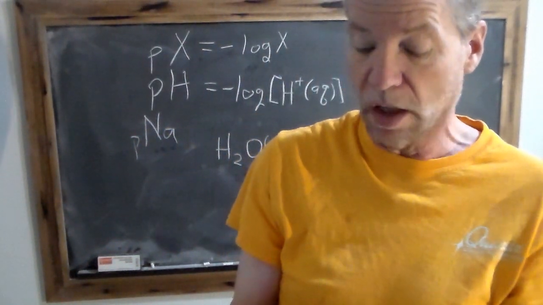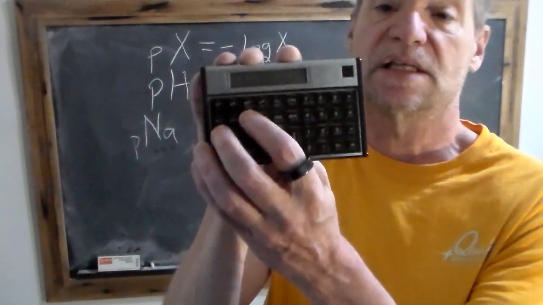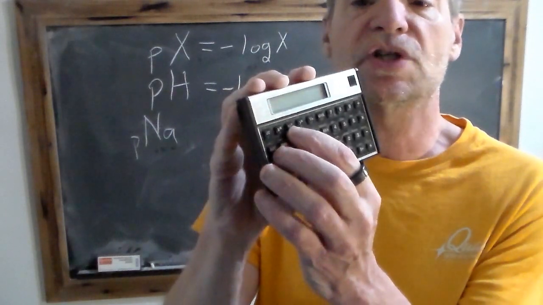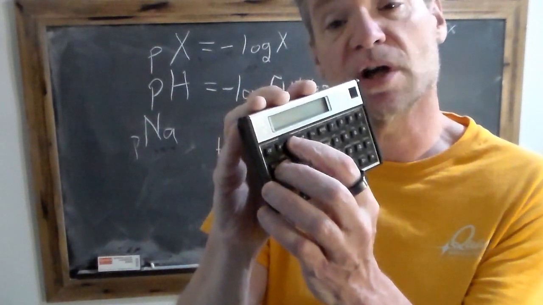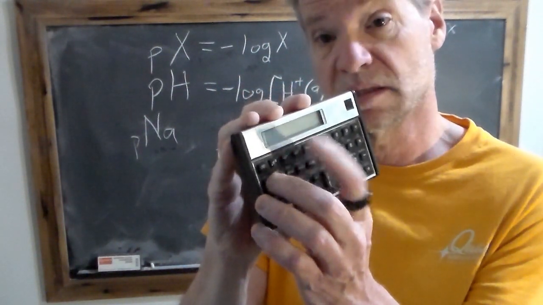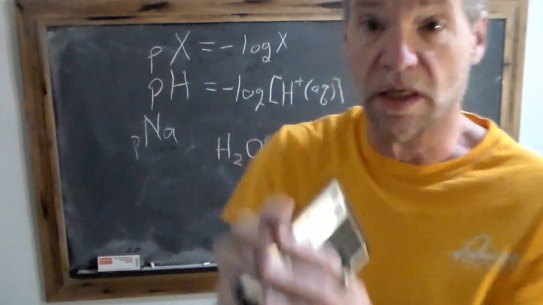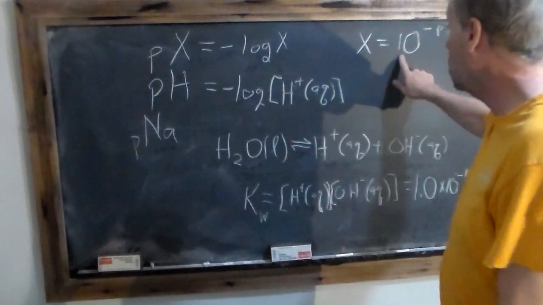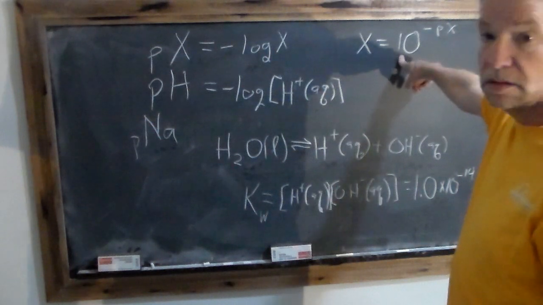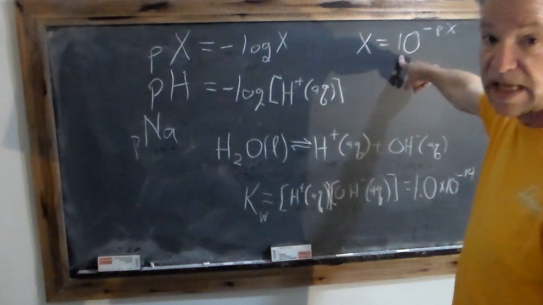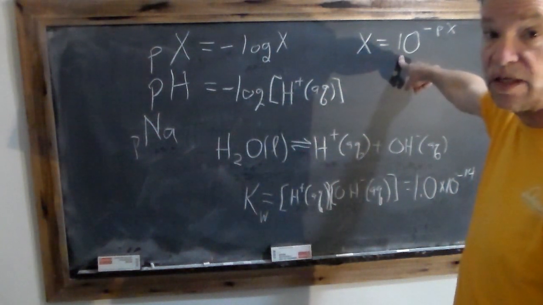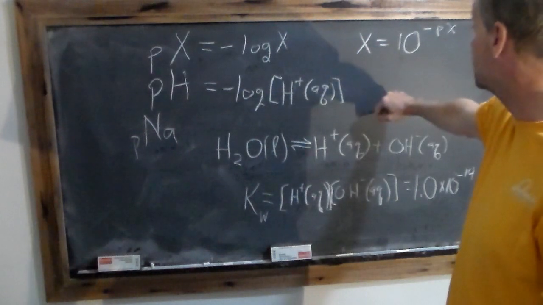But if you look at log, usually the second function of log is 10 to the x. That's what I'm talking about. This is the anti-log, not scientific notation, EE or whatever your calculator says it is.